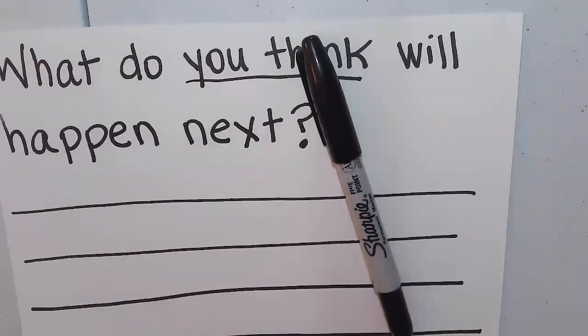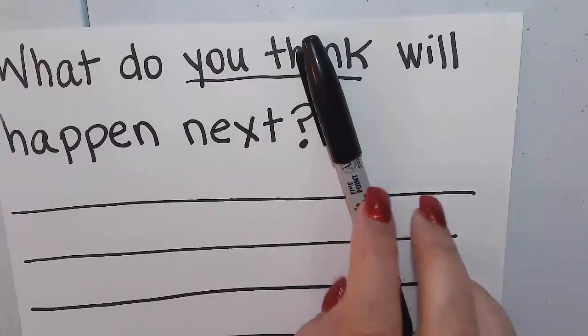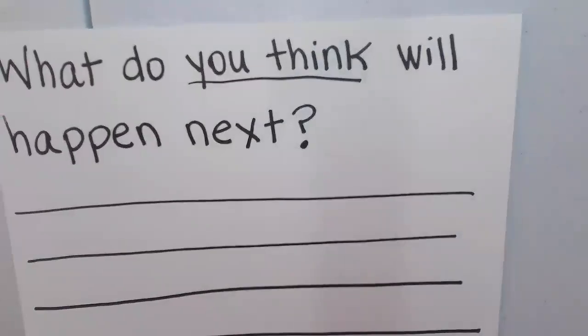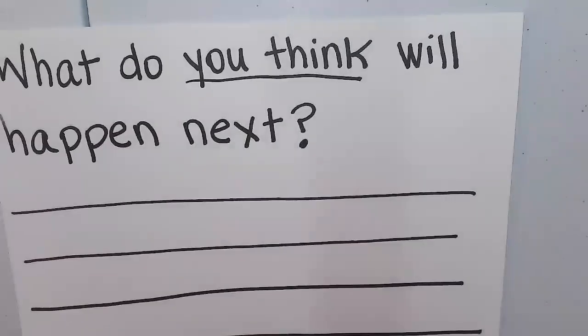And don't forget the capitals, and don't forget the periods. Excellent. You should have written one or two sentences. Now, I'm going to ask you to read your sentences out loud to a partner or raise your Zoom hand, or if you're at home by yourself, read them out loud in a whisper to yourself.